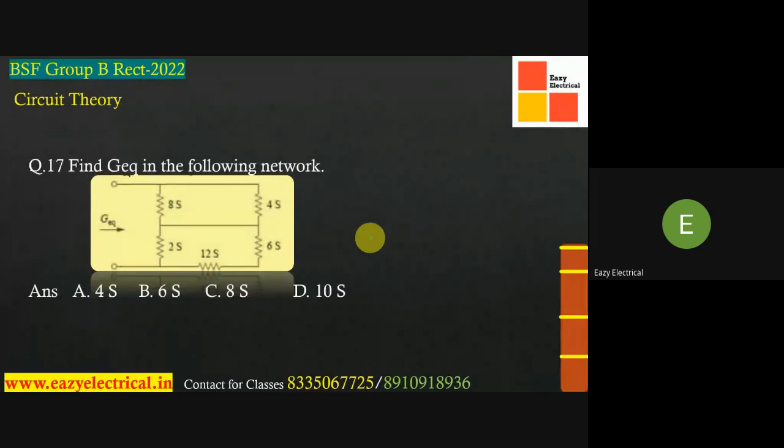Now, this is the next question. Find the G equivalent of the network. So how to calculate the G equivalent of this network? Such questions are coming.